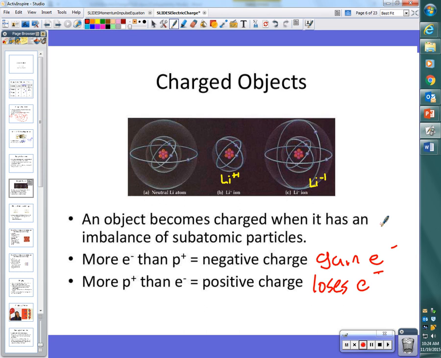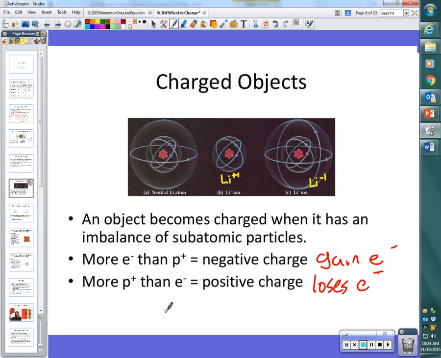It does that by losing electrons. Protons don't move around, electrons do. Any object that has a different number of protons than electrons will be charged, but whether it gains or loses electrons determines whether it's negative or positive. Nothing happens with our protons. Good there?